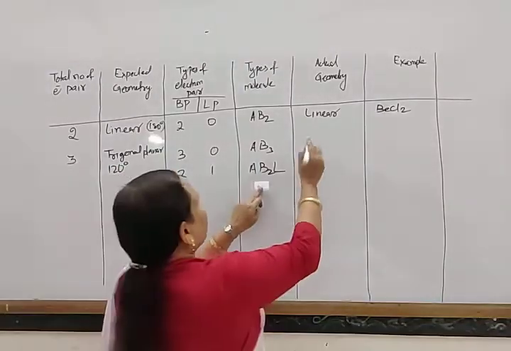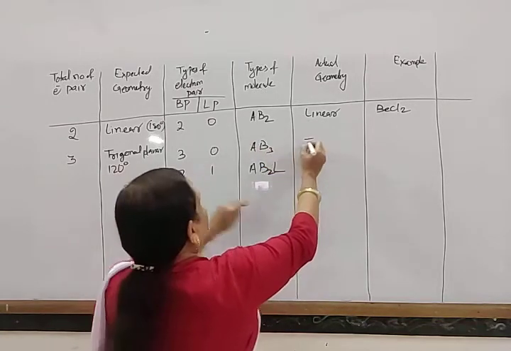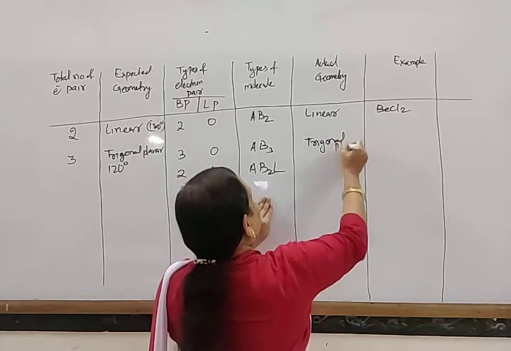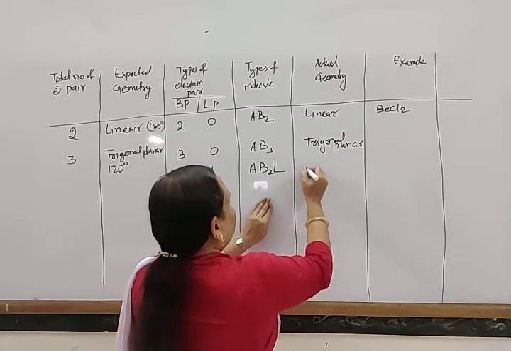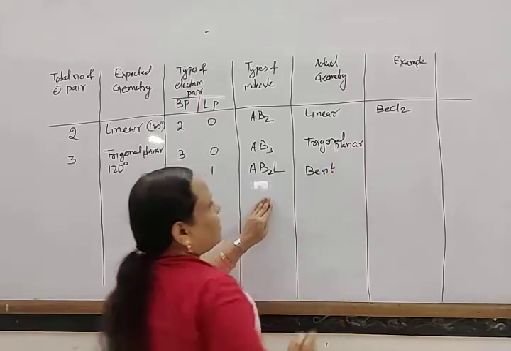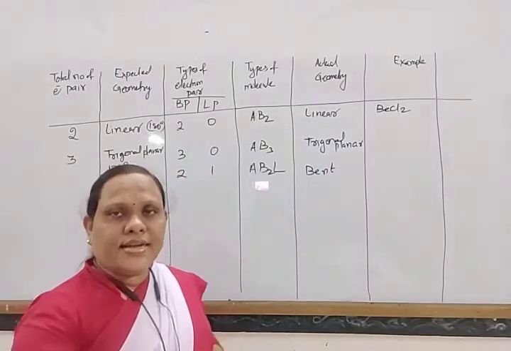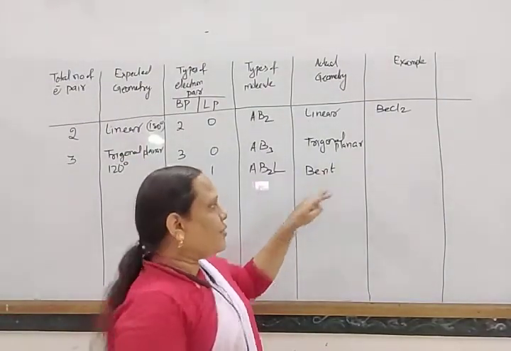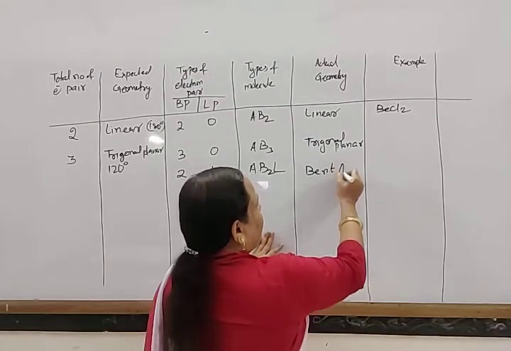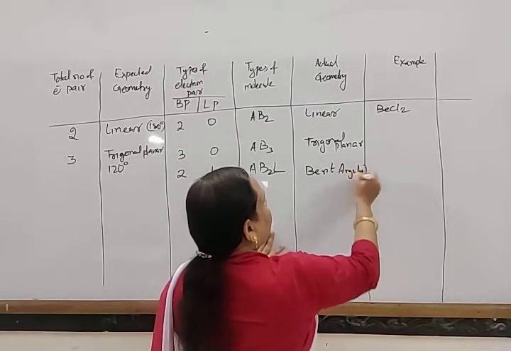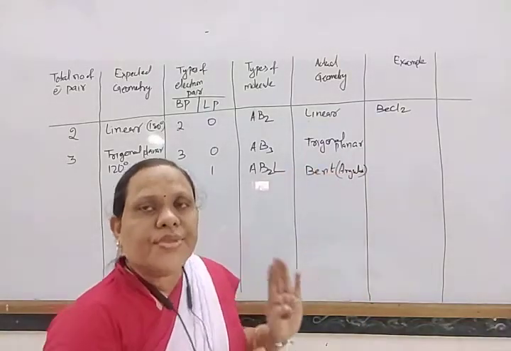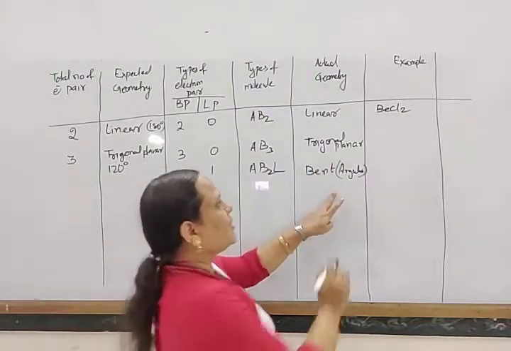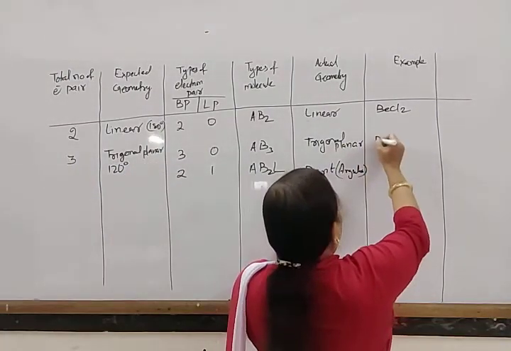Instead of trigonal planar, in this case it becomes bent shape, or angular. The angle no longer remains 120 degrees; it becomes somewhat less than 120 degrees. This is the example of trigonal planar.